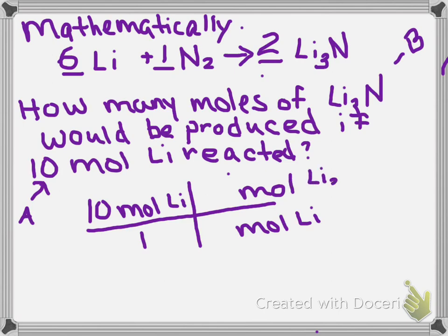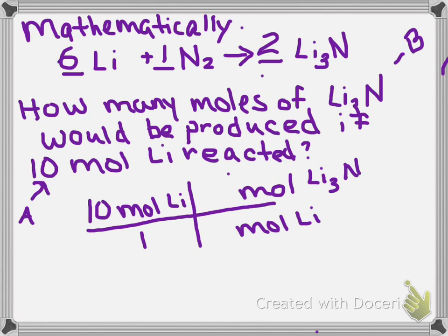which is lithium nitride. So when we have moles over moles, moles of one thing compared to moles of another thing, we know that we are going to use the mole ratio to figure out what numbers go into our truth table.